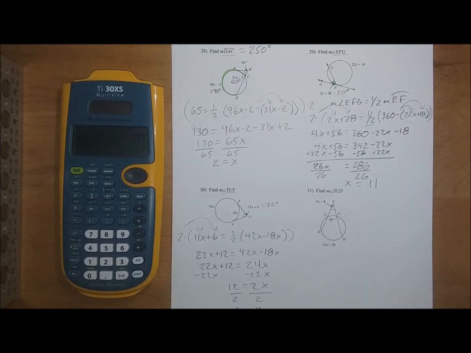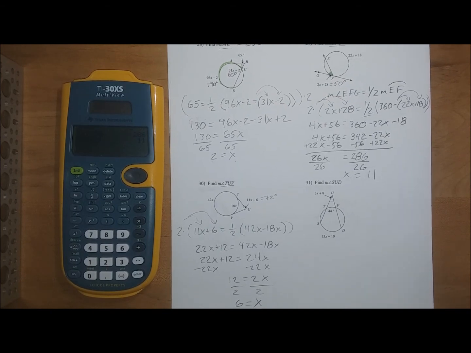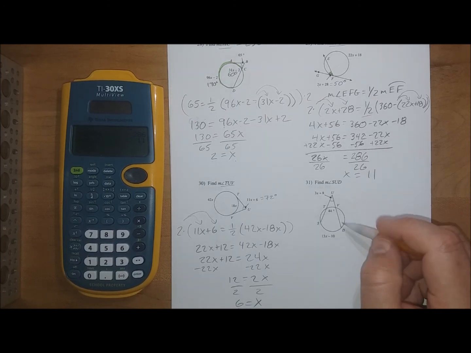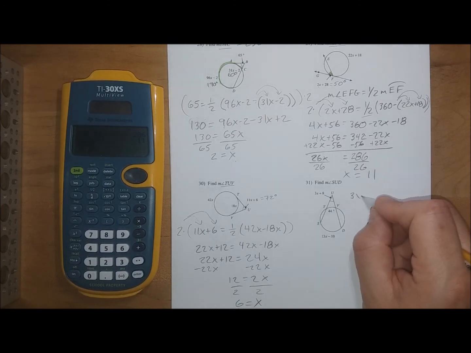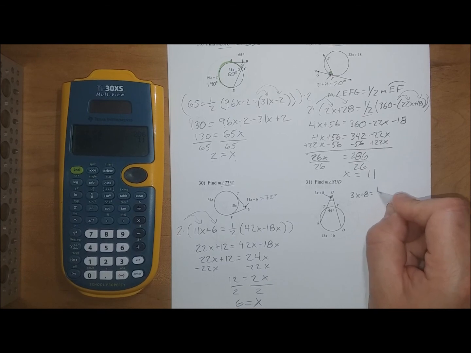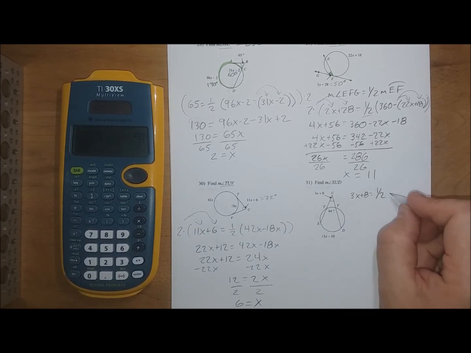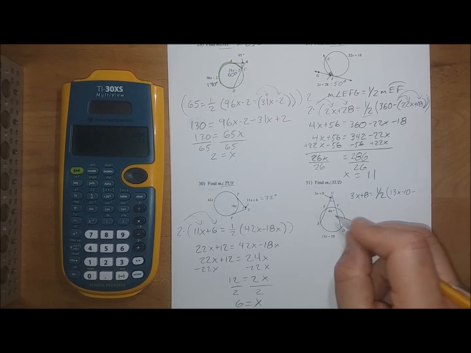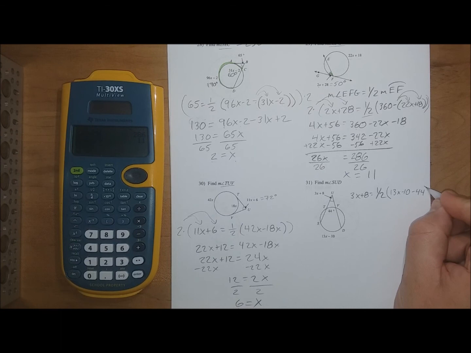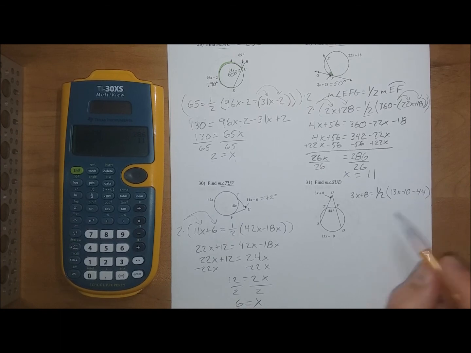We've got 2 secants intersecting outside the circle, and they're going to form an angle, 3x plus 8. That's equal to half the difference in the 2 arcs they intercept. So 1/2 of 13x minus 10 minus 44. No need for grouping symbols or distributing a -1 there because I'm not subtracting a binomial.